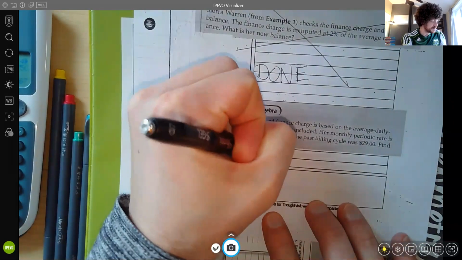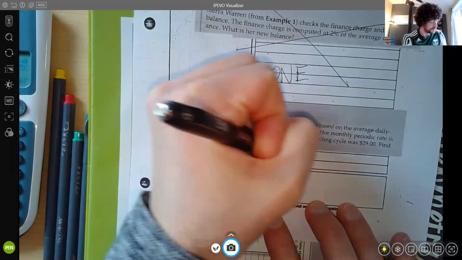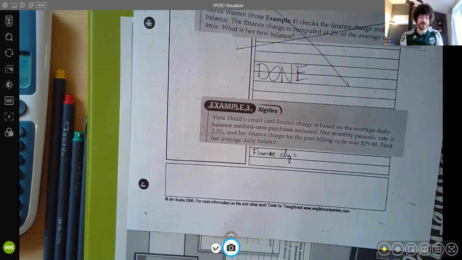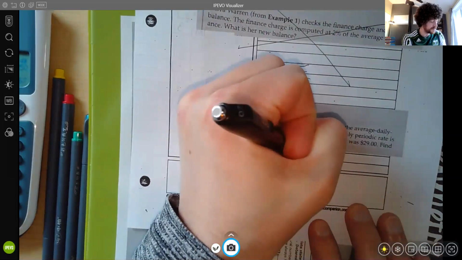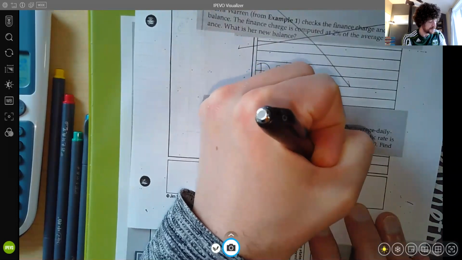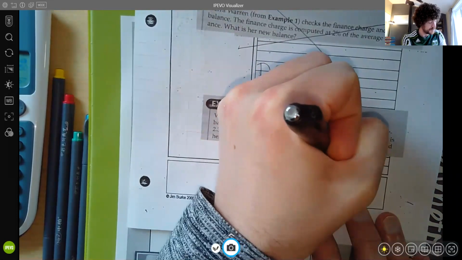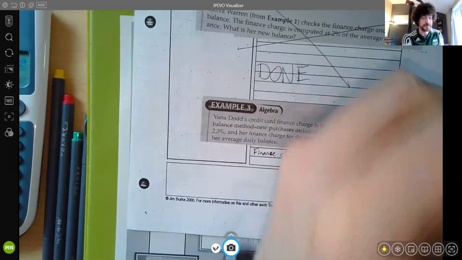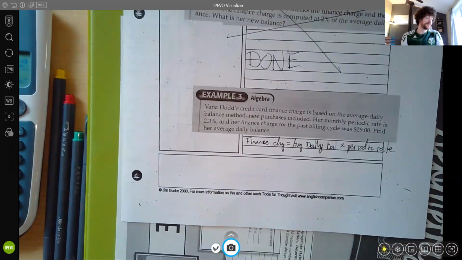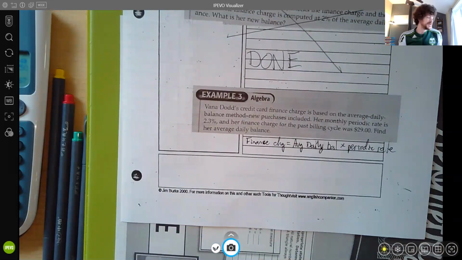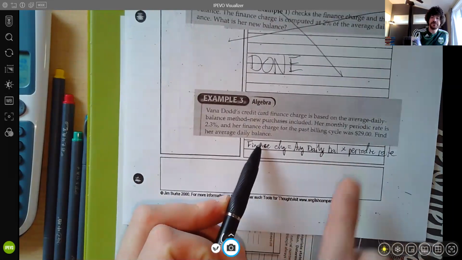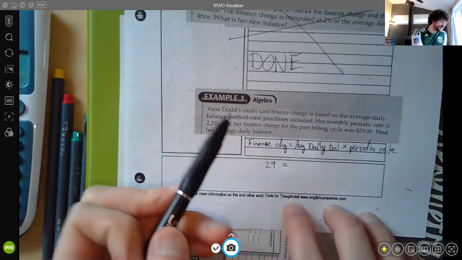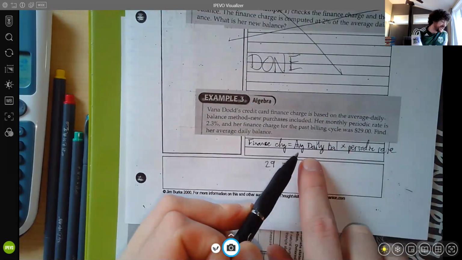So here we go. Finance charge equals the average daily balance times periodic rate. So of these three things, we know two of them. We know what the finance charge is. It's $29. So I'm going to write 29 equals, let's see, the average daily balance we don't know.